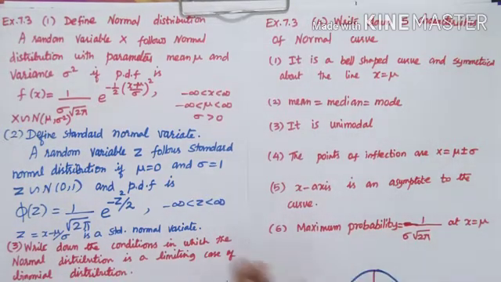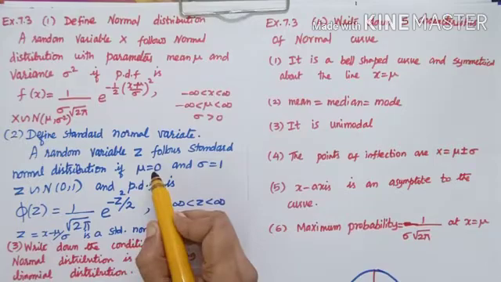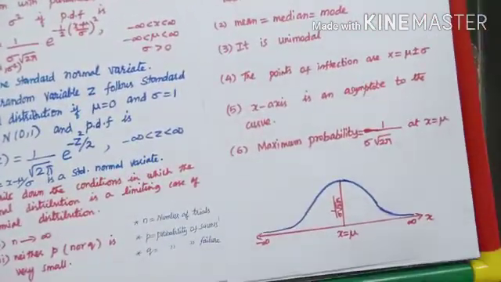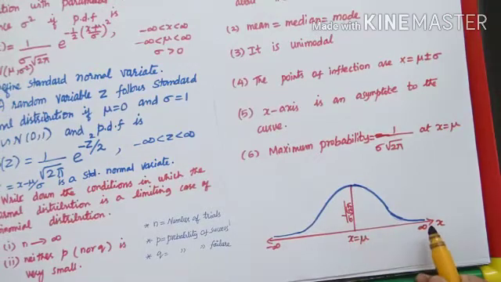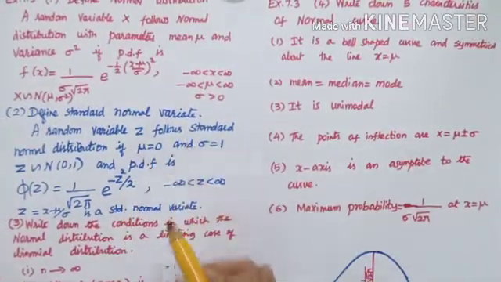So keeping the mean as 0, we are more comfortable. Look at this diagram. Positive we can mark on the right, negative we can mark on the left. So keeping mu as 0 is more comfortable, and that variate we call standard normal variate.